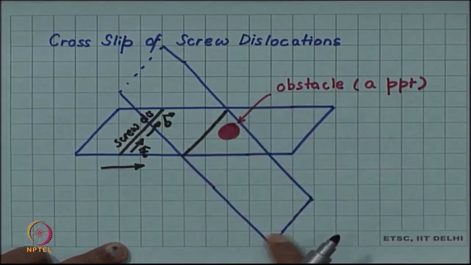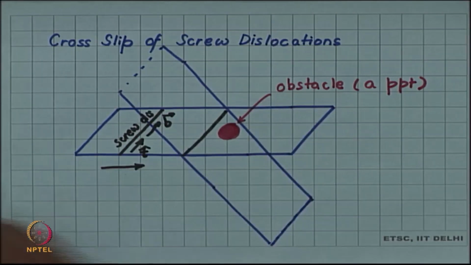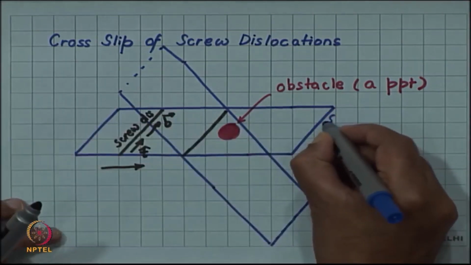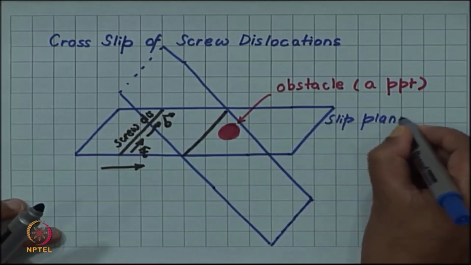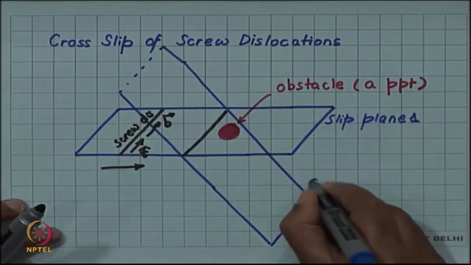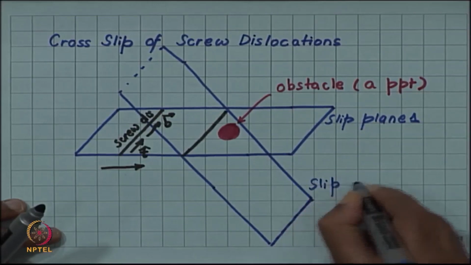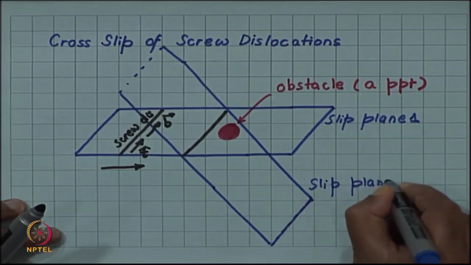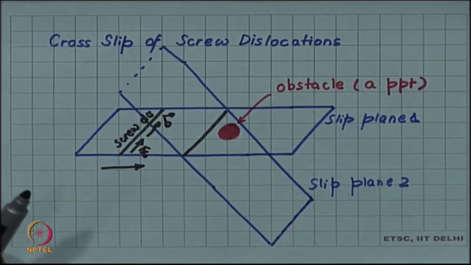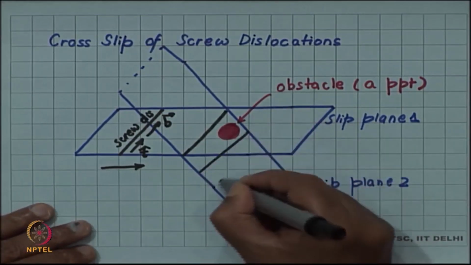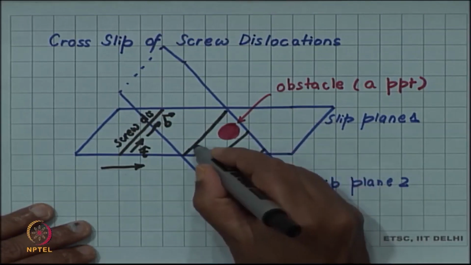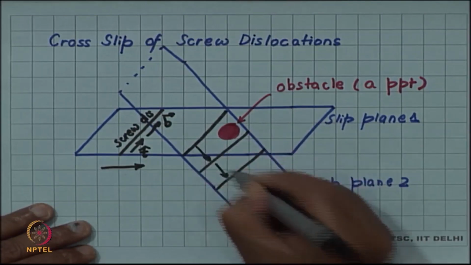So, this other plane is also a slip plane. If this is slip plane 1, and this is slip plane 2, the dislocation can avoid the precipitate particle by starting to glide in this direction.